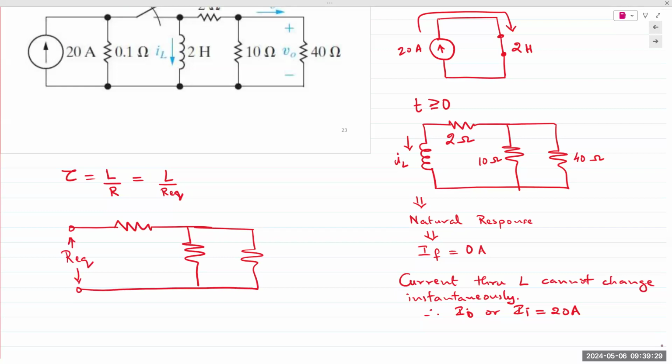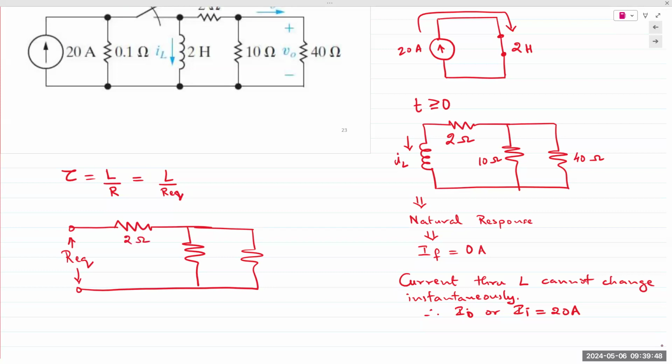The reason we have to find Req again is because the inductor has stored energy. All 3 resistors are connected to that inductor, so all of that energy is going to discharge through all 3 resistors. And so we have to find Req.